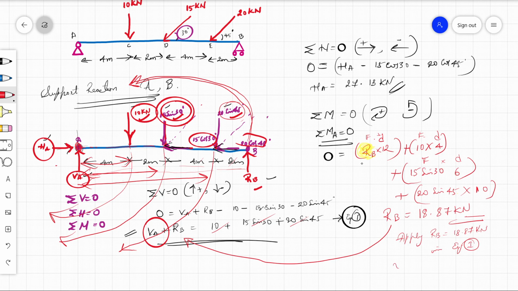Therefore, after calculation, you get VA is equal to 12.770 kilonewton. And that's all about the numerical, how it comes to find the support reaction.